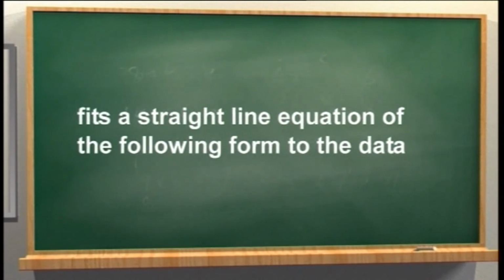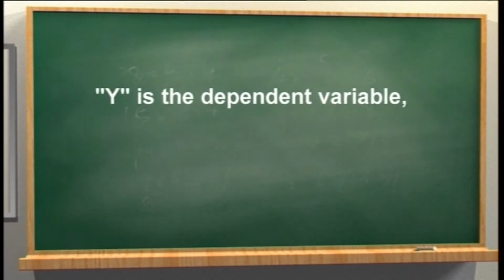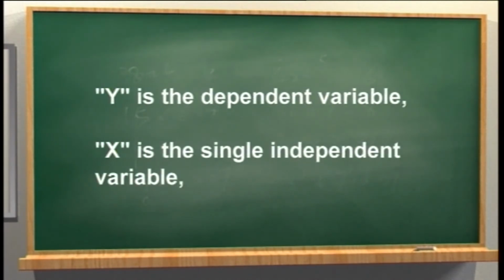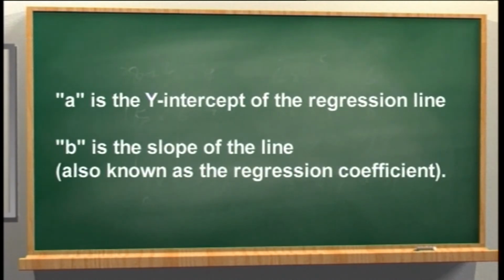Regression is also known as simple regression, linear regression, or least squares regression. This fits a straight line equation of the following form to the data: y is equal to a plus bx, where y is the dependent variable, x is the single independent variable, a is the y-intercept of the regression line, and b is the slope of the line, also known as the regression coefficient.